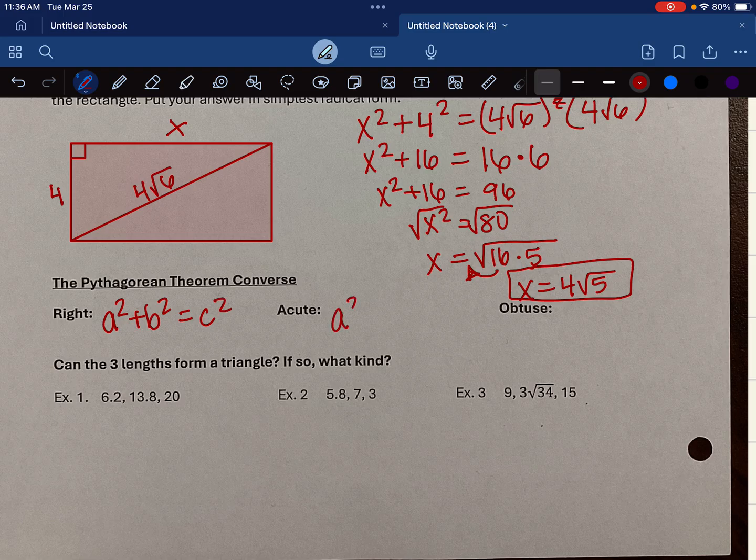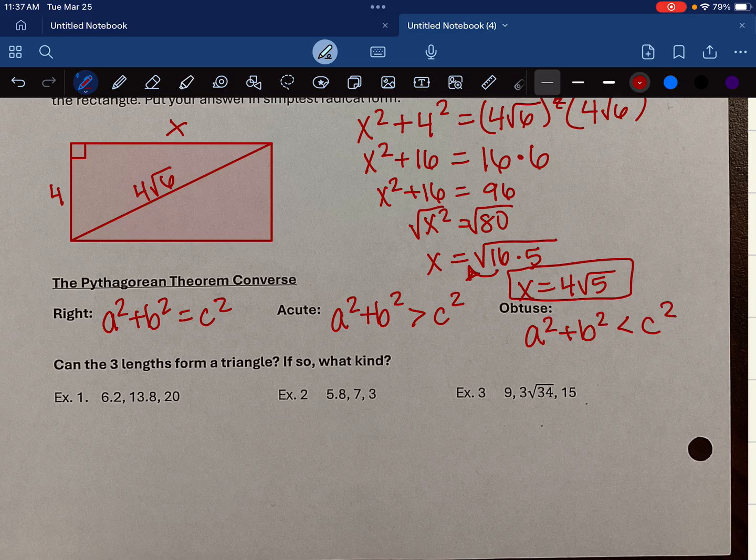If a squared plus b squared is greater than c squared, it's an acute triangle. a squared plus b squared less than c squared is obtuse. So we can use the same idea we've done and then just based off our answer, that will tell us right, acute, obtuse. Yes?